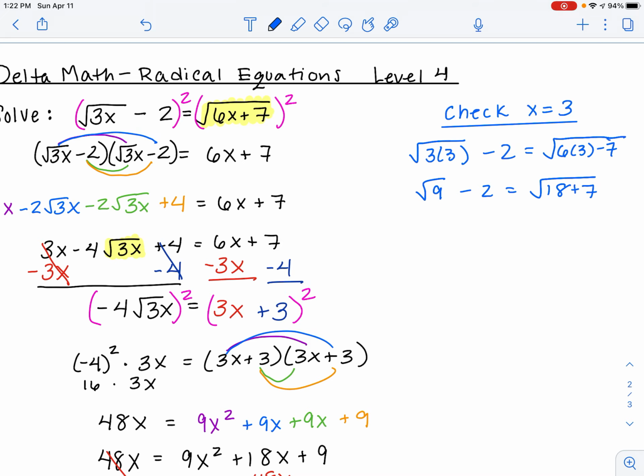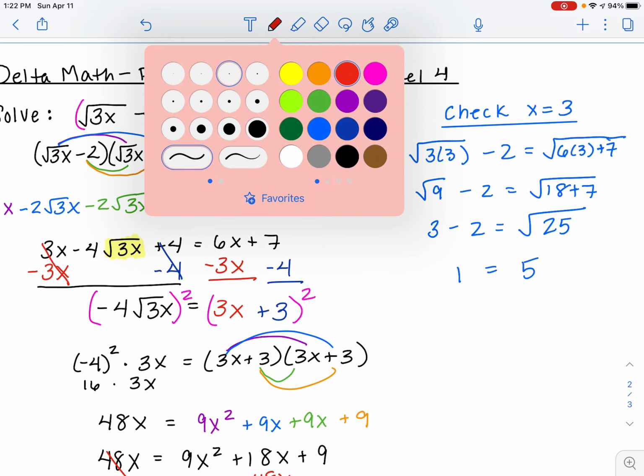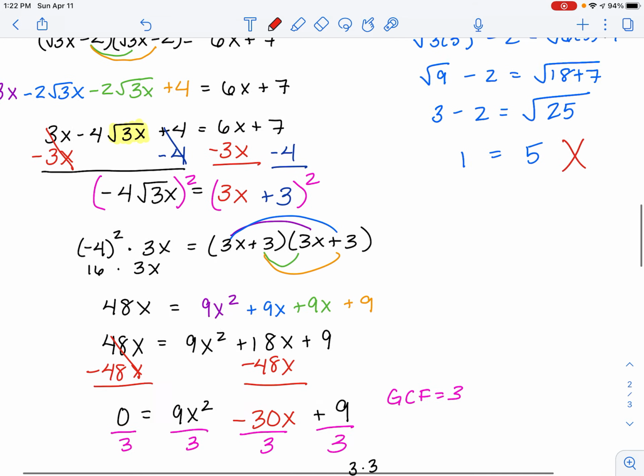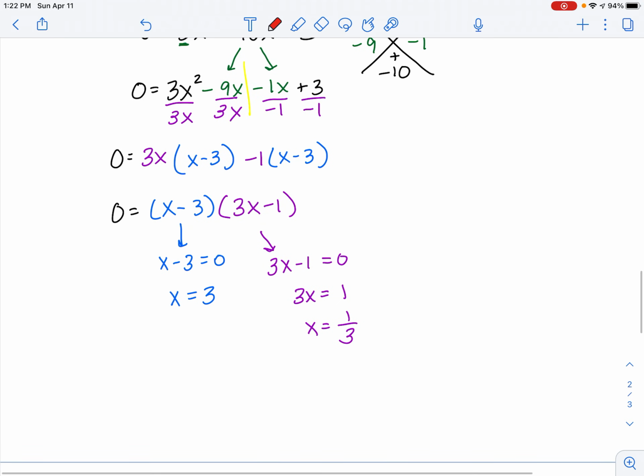Oh, plus 7, whoops, that's a typo. I was like, why is this really weird? So the square root of 9 is 3, so 3 minus 2 equals the square root of 18 plus 7, which is 25. So 3 minus 2 is 1, and the square root of 25 is 5. So 1 does not equal 5. That tells us that x equaling 3 is extraneous.